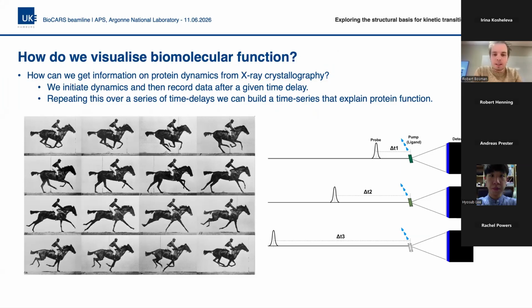And then after a given time delay, we record a data set. That permits us to build up a series of snapshots that gives us a series of trajectories or structural snapshots of the enzyme or protein functioning in time. And so this has been done for quite a while. BioCARS has been at the forefront of much of this.